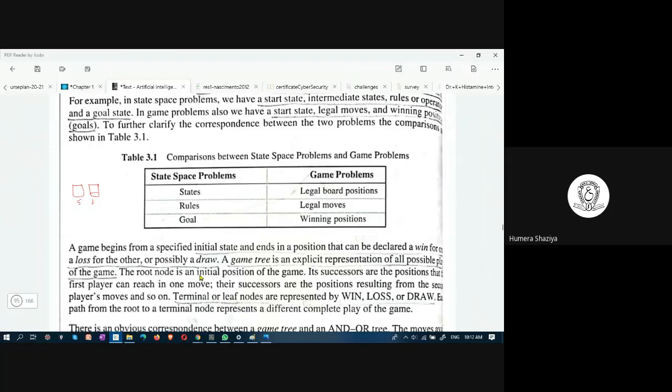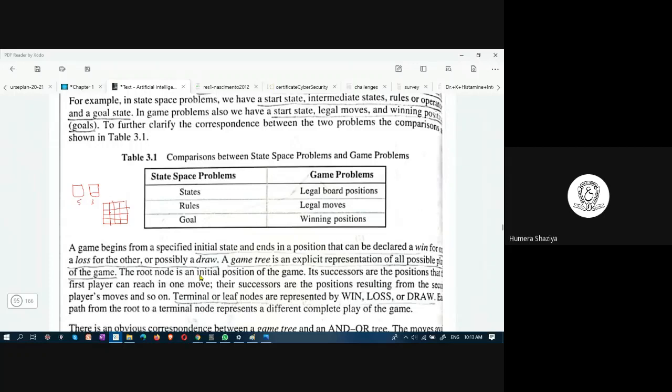Legal board positions. What are legal board positions? If you consider a chess game, you find an 8 by 8 board, and there are some legal positions. So let us take pawns.